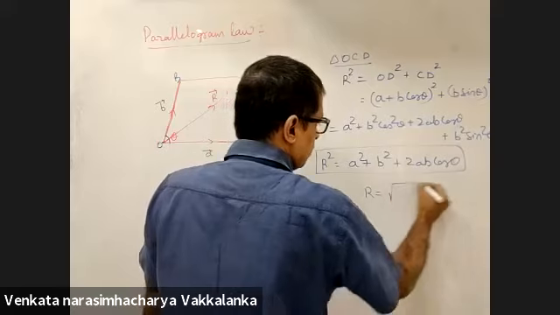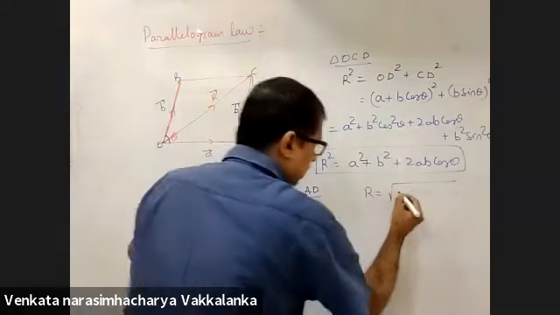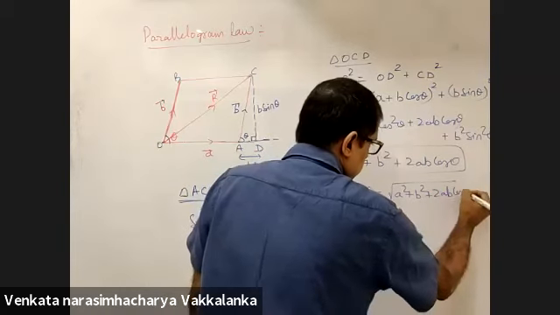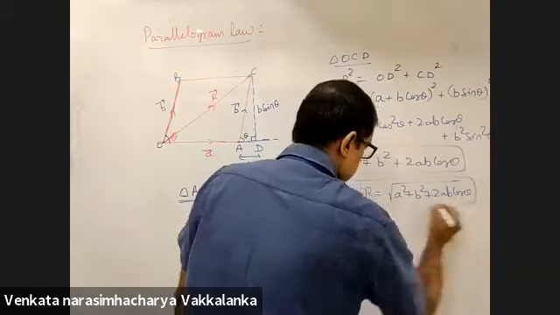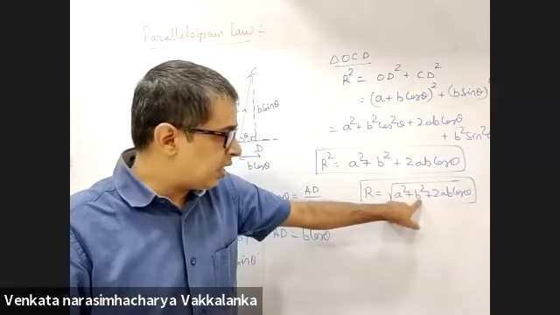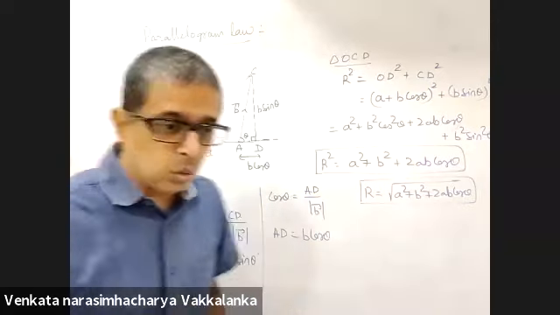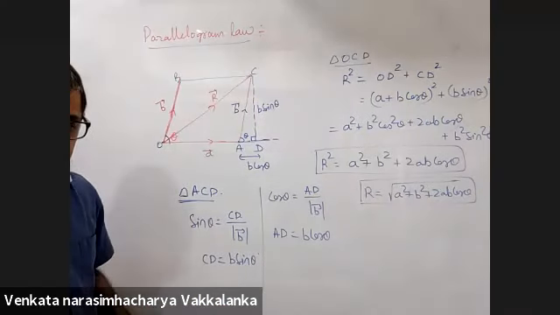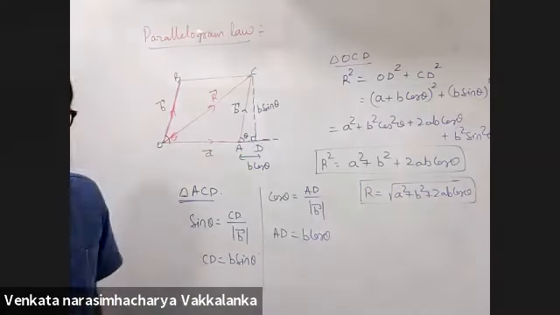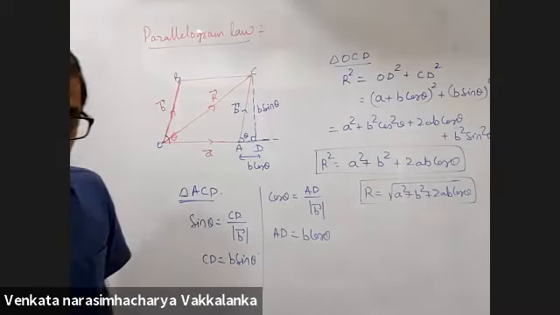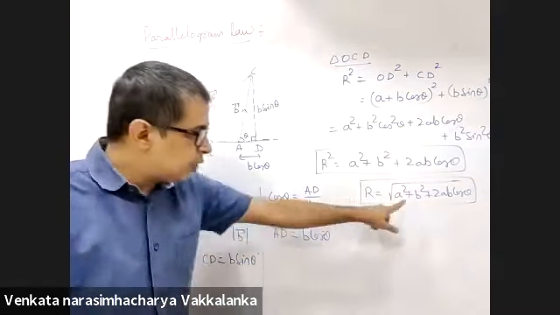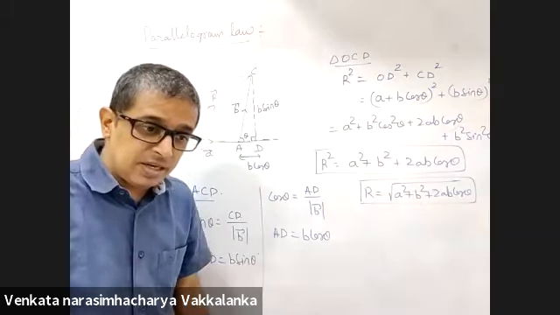Are you trying to tell me the resultant R square will be A square plus B square plus 2AB cos theta? Yes. So without using a scale, you can do the calculation and tell me the resultant?